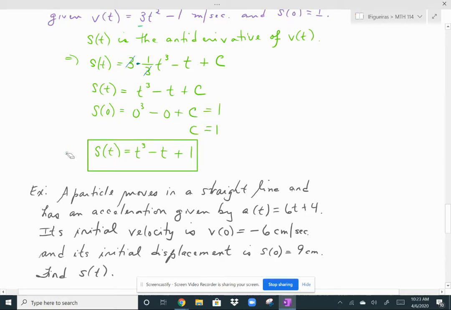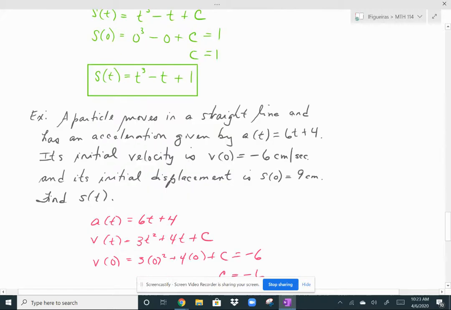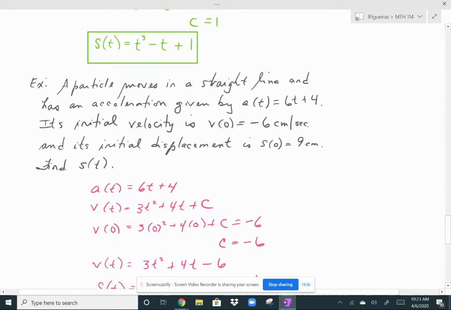Okay, so here's another one. A particle moves in a straight line and has an acceleration a of t equal to 6t plus 4. Its initial velocity is v of 0 equal to negative 6 centimeters per second, and its initial displacement is s of 0 equal to 9 centimeters, and we want to find s of t.